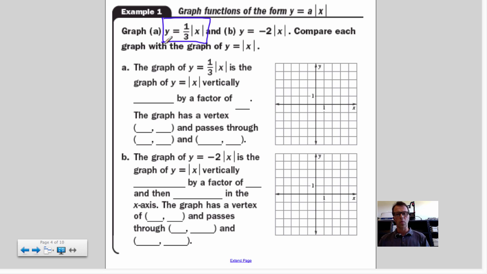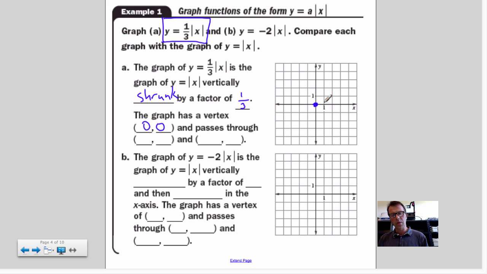First one we're going to do is 1/3 of the absolute value of x. And so we are going to say that this is shrunk by a factor of 1/3. So we still see that the vertex is at 0, 0. So let's go ahead and graph that. Now the parent graph, we would have gone over 1 and up 1.